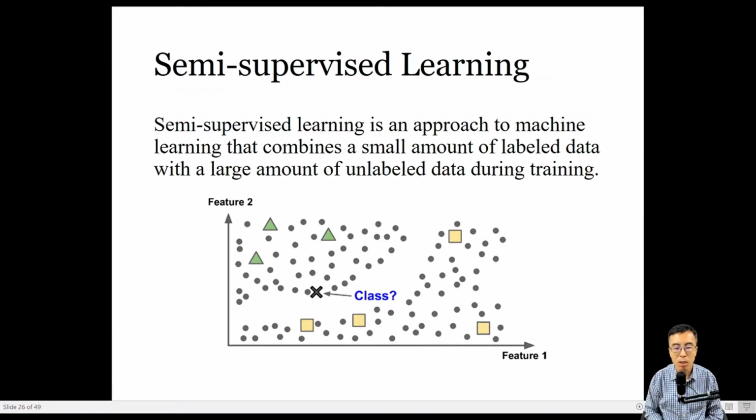Based on the machine learning algorithm, we are trying to assign the unlabeled dots into one of the 2 categories represented by the triangles and squares.